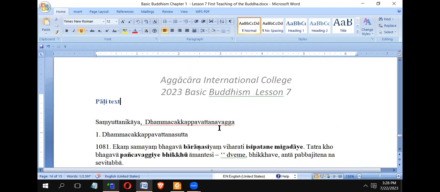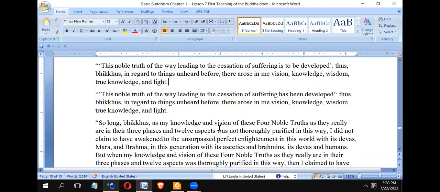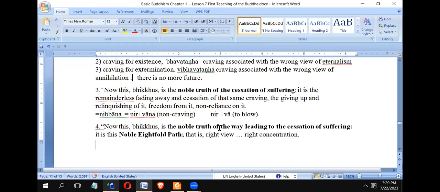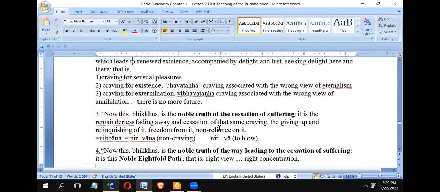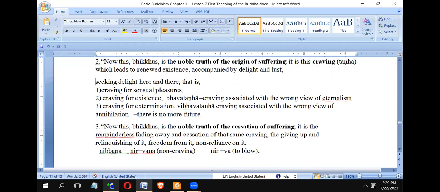But if you're going to translate the English words, or they should have changed the Pali word. No, the Pali word is fine. Now let's look at it. This is the Pali, this is the English: here and there.